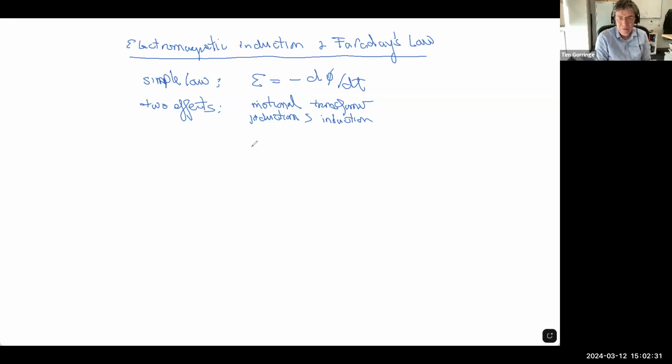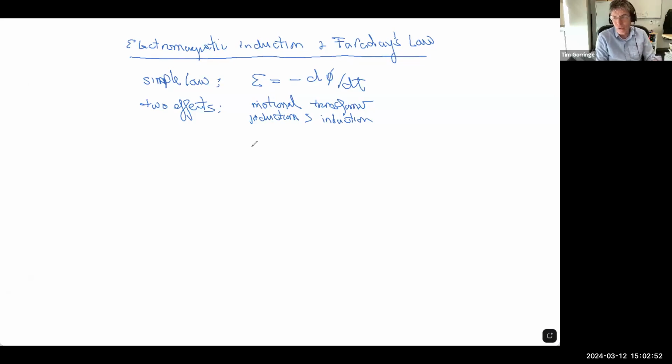So here's a summary of the situation. We've got a simple law for an intriguing phenomenon. Within the simple law, there are two effects: the case of motional induction, the case of transformer induction.